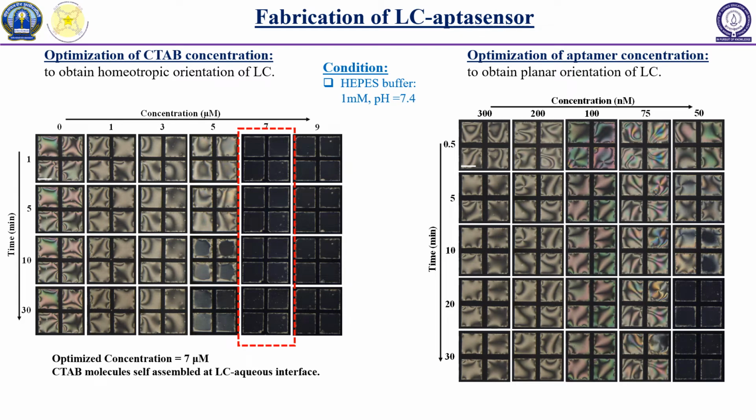Now, our next experiment was to optimize the aptamer concentration, where we will get the planar orientation of the LC. So, here also we varied the concentration of the aptamer from 300 to 50 nanomolar, and we observed that at 100 nanomolar the complete planar orientation of the LC was observed.